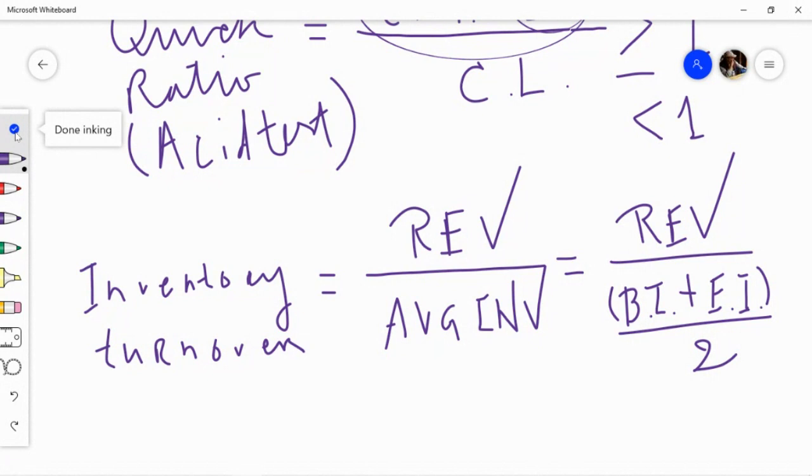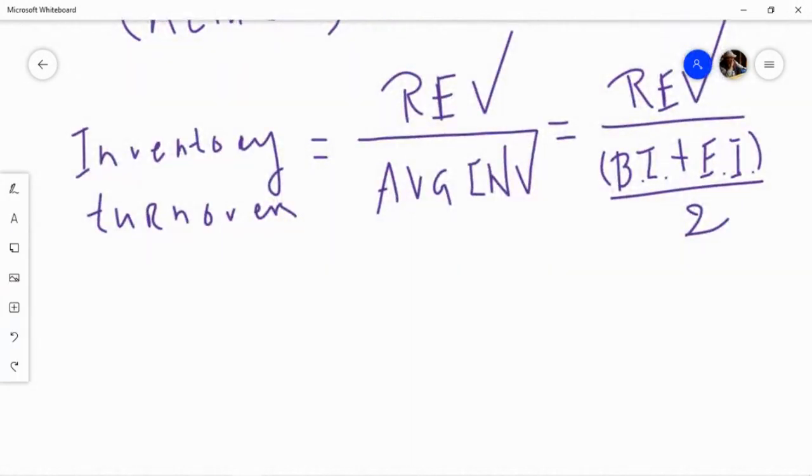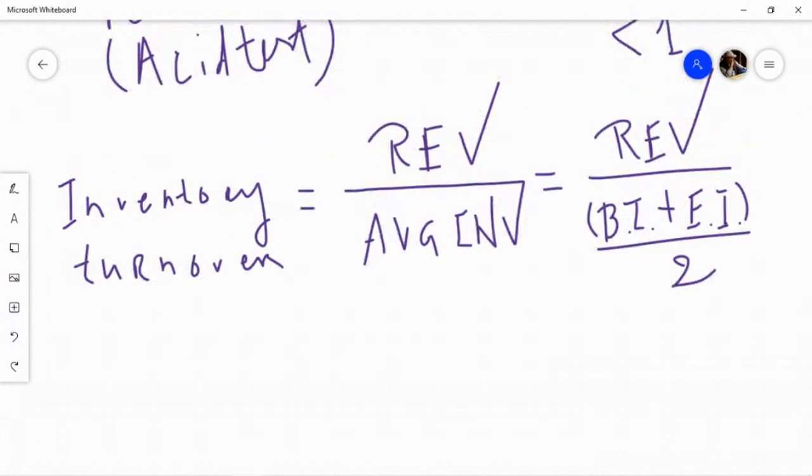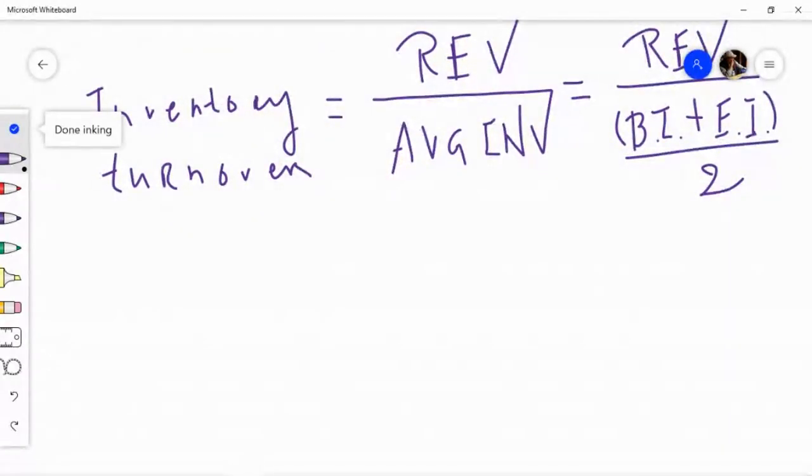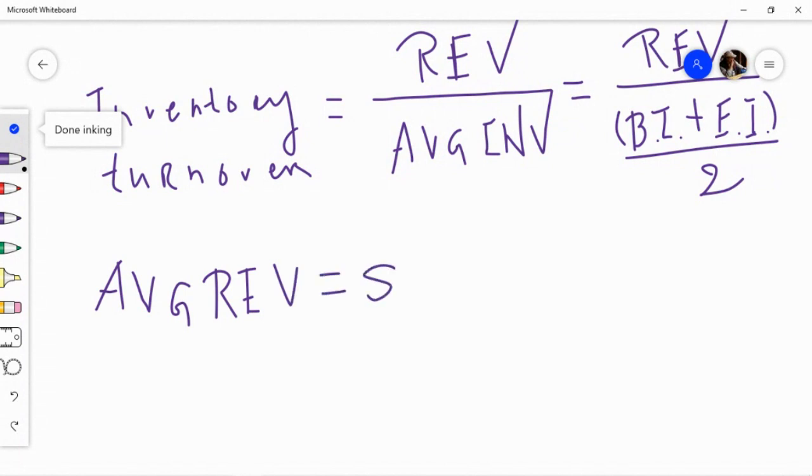On an average month. Average monthly revenue, $200K.